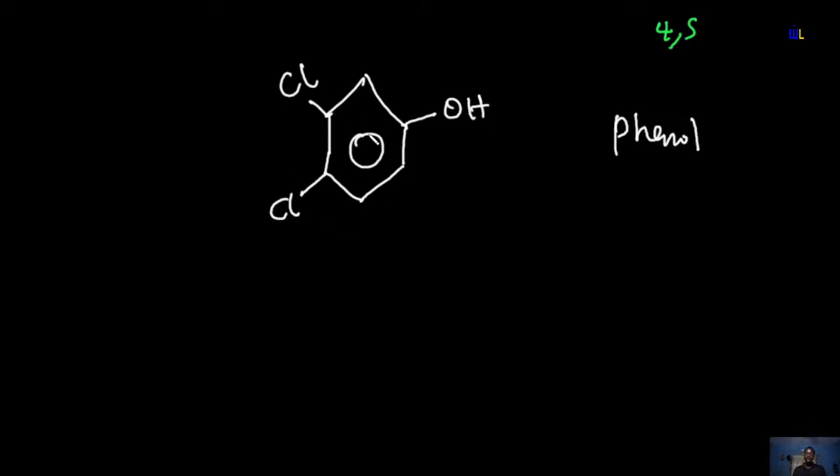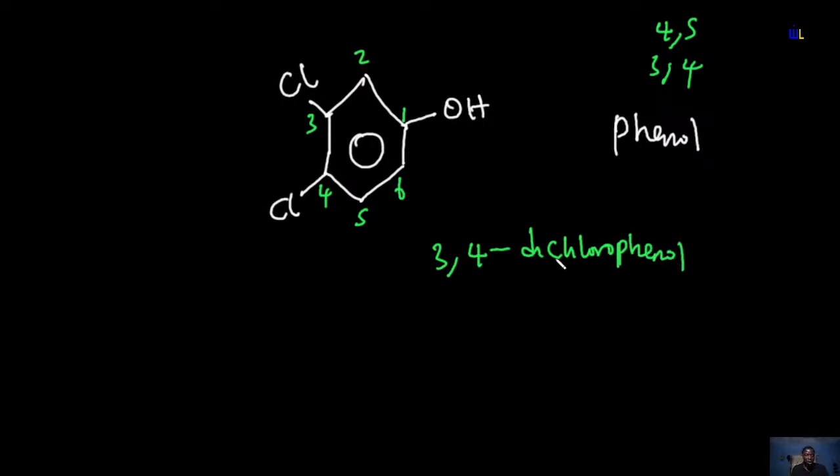But when you count anti-clockwise, it's 3 and 4, which means automatically you should count anti-clockwise. So phenol is the parent name, and the chlorine is now going to be 3,4-dichlorophenol. And that's correct.